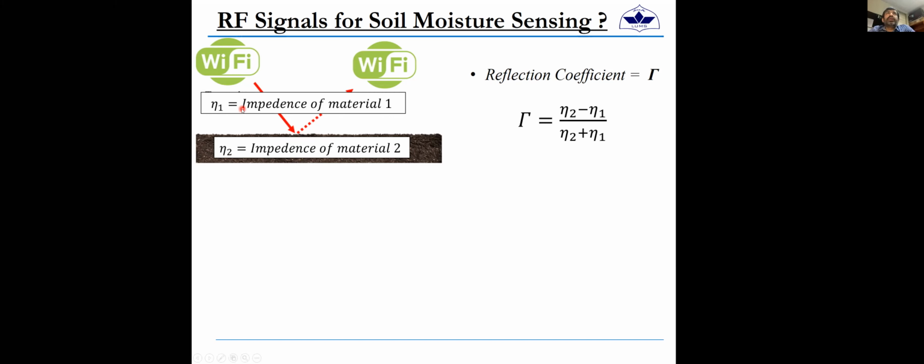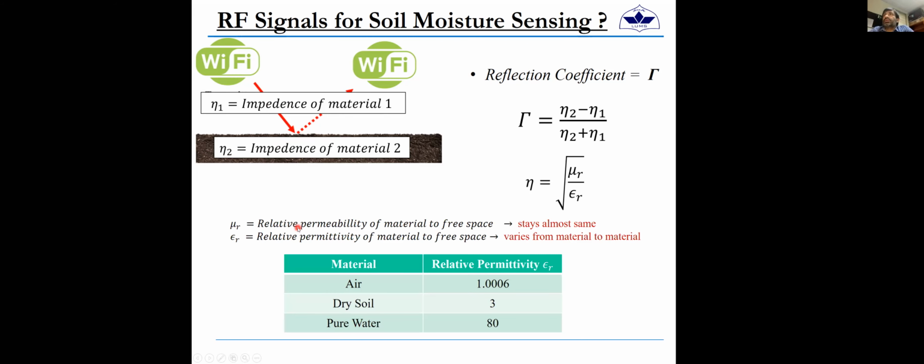Okay, but it is very difficult to directly measure the impedance of a soil sample. So we move further and relate this impedance to other quantities. These two quantities are pronounced as mu, and in the denominator, epsilon. So eta is given by the square root of mu over epsilon. This is true for material 1, and also true for material 2.